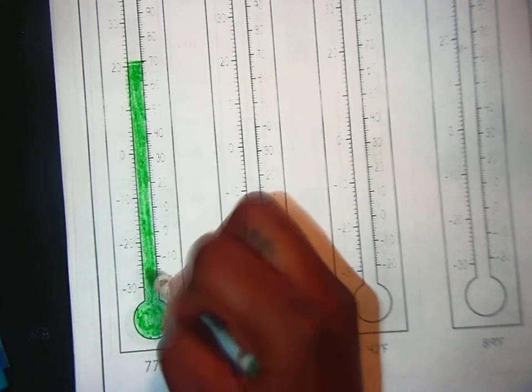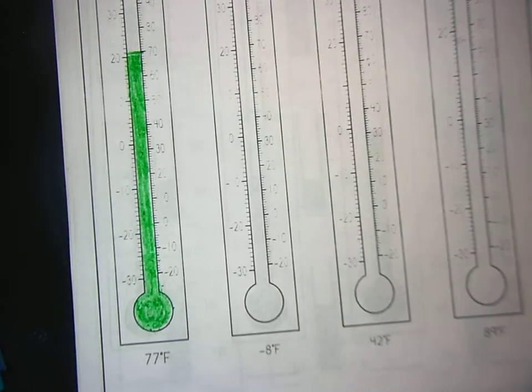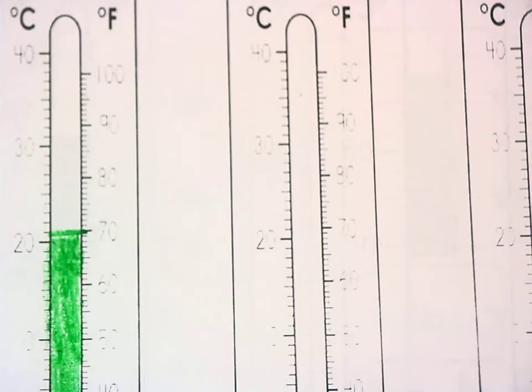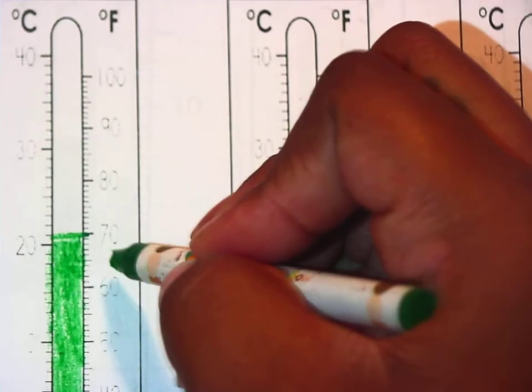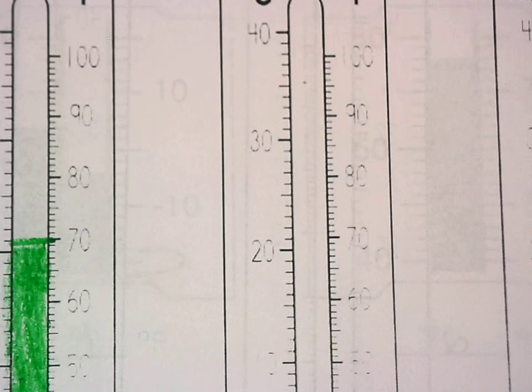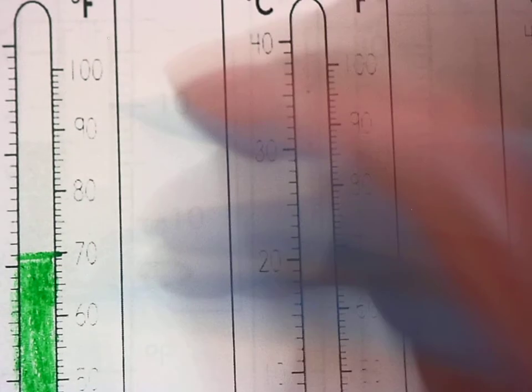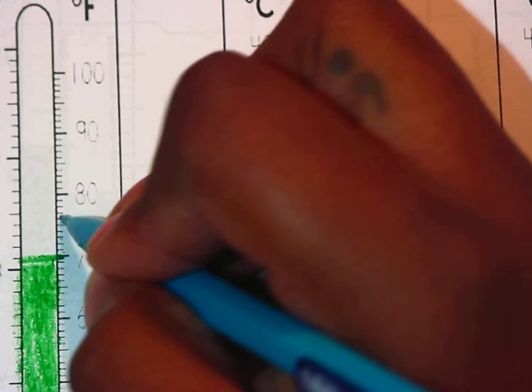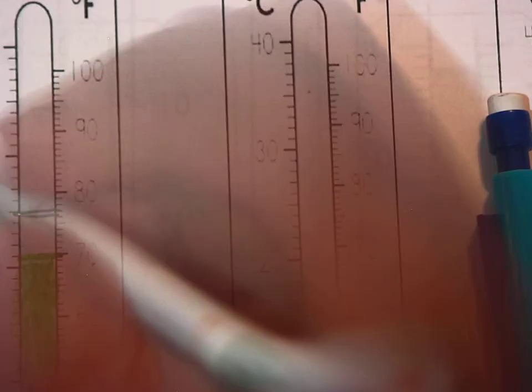I'm not coloring all kind of crazy. All right, so now I'm going to zoom in so we can get to my 77. Okay, once again, each space counts by 1. So if each space counts by 1, I'm going to count up from my 70. 1, 2, 3, 4, 5, 6, and there's 7. Come across. And now I'll be able to shade in the rest of my numbers.